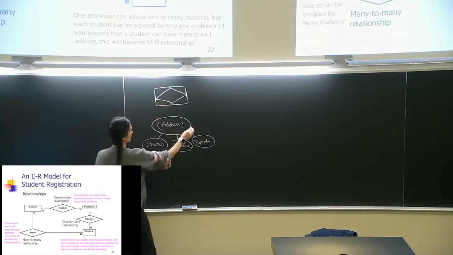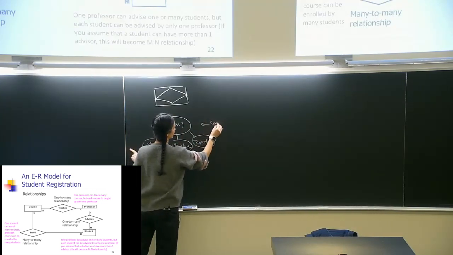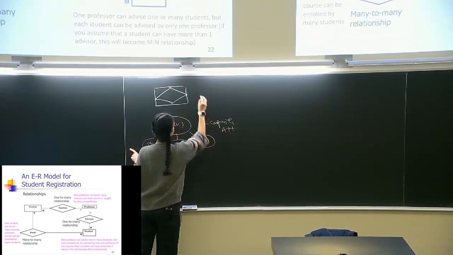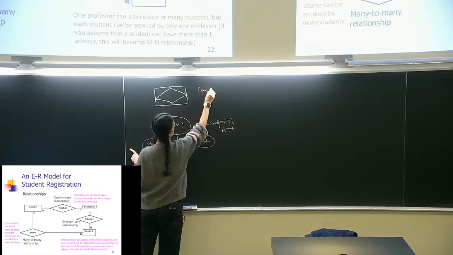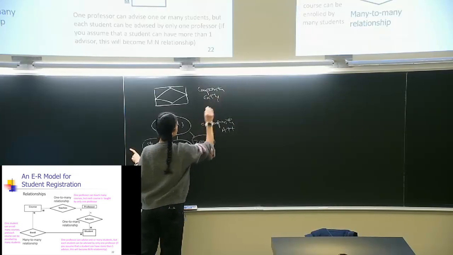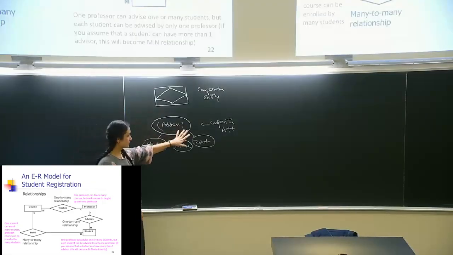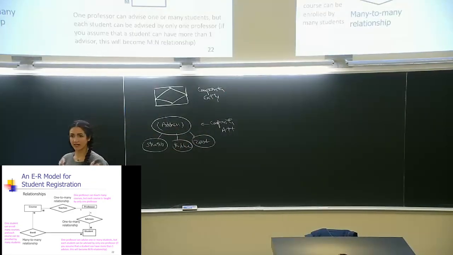So this is an example of composite attribute. And this is composite entity. We also call it associative entity. And this is entity, right? Representing an object, whereas this is an attribute representing characteristic or properties of that object.